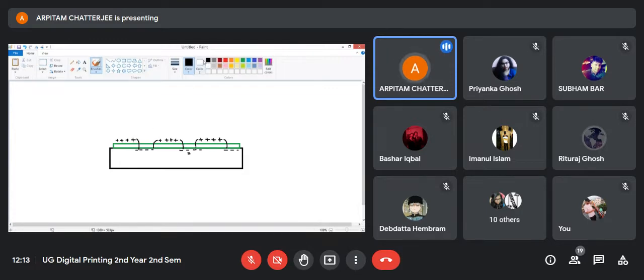So what is the result? Say, for example, you have something to print like this. This is what you want to print, and for that you think, okay, I need a charge distribution like this. But because of this reason, instead of this you get a charge distribution of this nature.